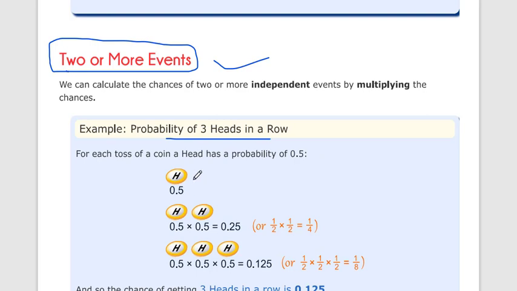Let's say we toss a coin and get a head. What is the probability of head? 0.5. Now let's say a second coin is tossed.